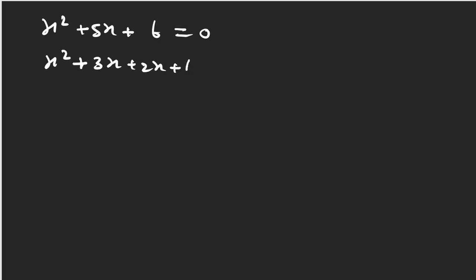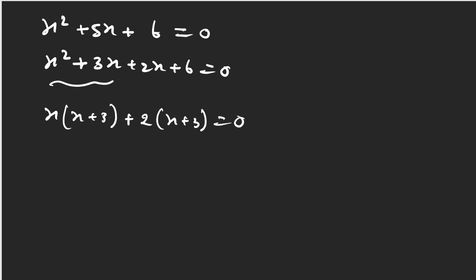So now our equation x square plus 5x plus 6 is equal to 0. Now we write 5x as 3x plus 2x, so x square plus 3x plus 2x plus 6 is equal to 0. Now we take x common from the first two terms: x into x plus 3, plus, taking 2 common, 2 into x plus 3.